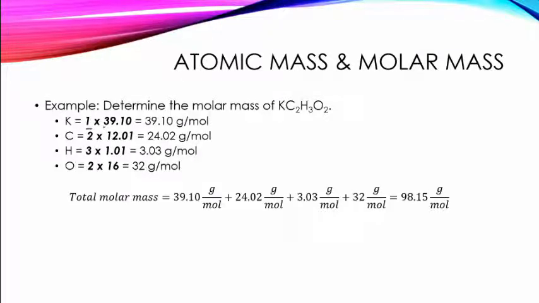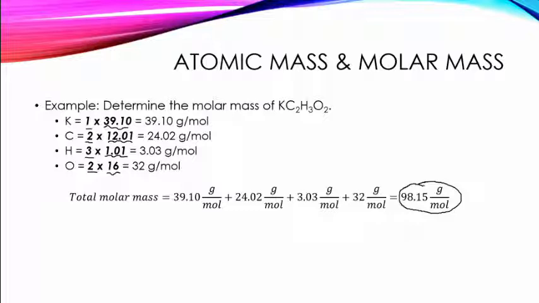So 1 potassium, the potassium's mass is 39.1. 2 carbons, carbon is 12.01. 3 hydrogens, you have 1.01 as its mass, and then 2 oxygens, and oxygen is 16. Once we do that, we get all these values, and then we're going to add those up, and you get a mass for this compound of 98.15.